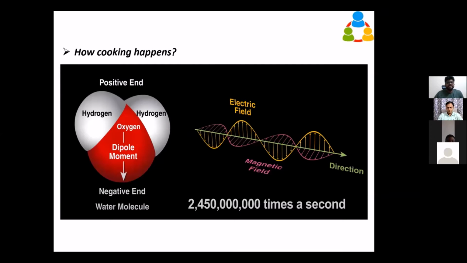So what happens when we send this electromagnetic radiation, in this case microwaves, through the food? Since the food has water molecules, and the water molecule is polarized, positive at one end and negative at another end, it creates a dipole moment. What is a dipole moment?